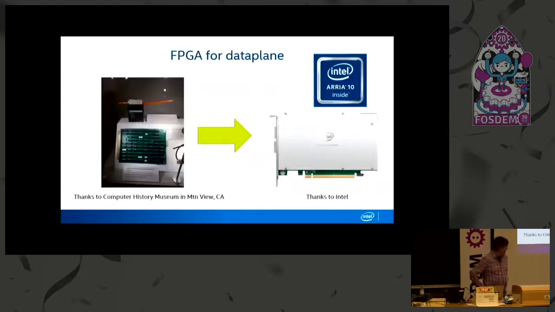What is a data plane? Some time ago I visited the Computer History Museum in Mountain View in California, and I found a very interesting thing, which is the first network card designed in the world. It looks like you have the cables connected, and currently we at Intel are making a very similar thing, maybe a bit more complex, which is called the FPGA card, the Packet Programmable Acceleration Card N3000, which is designed especially for data plane acceleration.